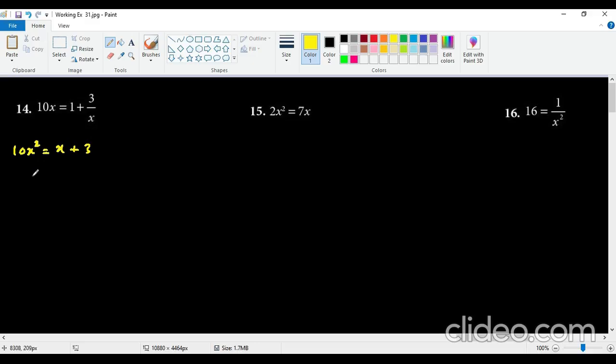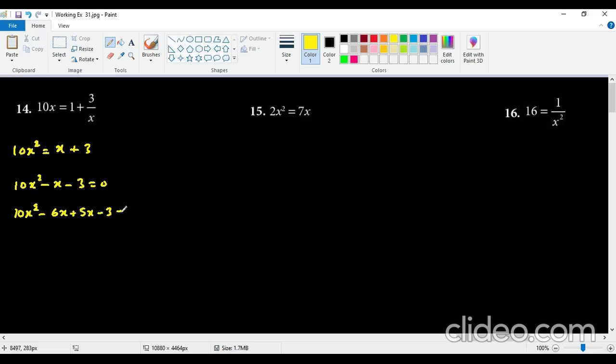Now in here we get 10x squared minus x minus 3 equals 0, and we know very well that 3 times 10 is 30, and we get 5 and 6 as factors of 30. So I will write 10x squared as it is, and minus 6x plus 5x minus 3 equals 0.